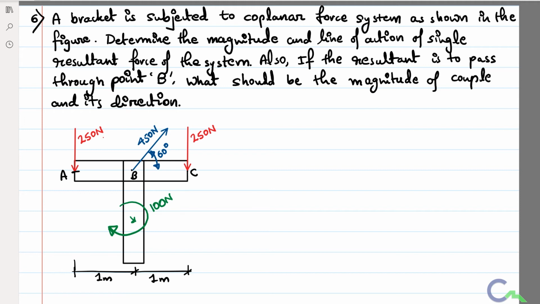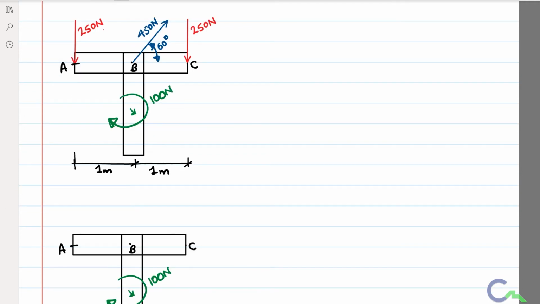To calculate the resultant, first we have to resolve the forces. So here they given that 250 Newton force that is acting downward. So directly I will take, there is no horizontal component for this 250 Newton force. Also we have one more 250 Newton force, it is acting downward, I will take as it is.